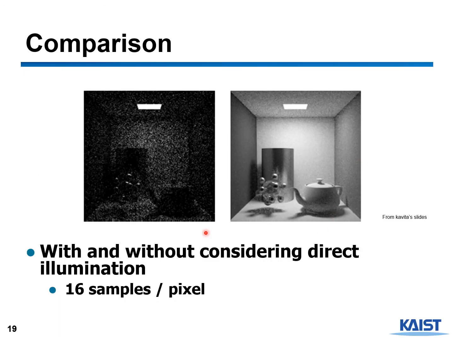And if we do this, here are two results with and without considering direct illumination. Direct illumination is where we use importance sampling for the light source. If we just randomly sample without considering the light source, even though we generate a lot of rays, most cases end up on non-emitting surfaces, so the image looks very dark.